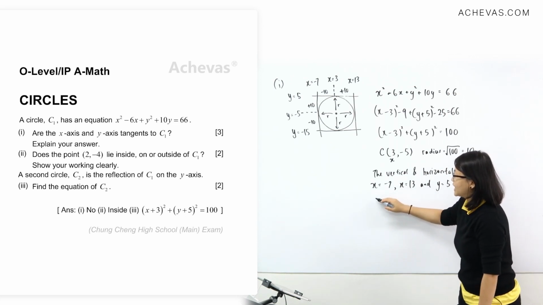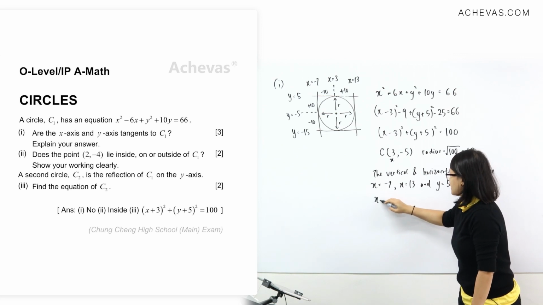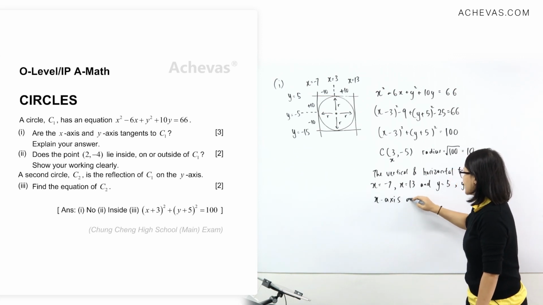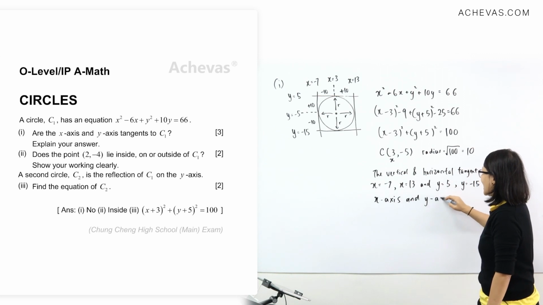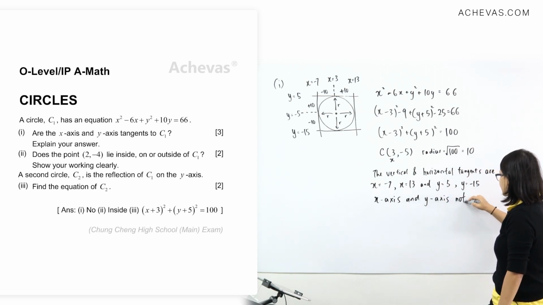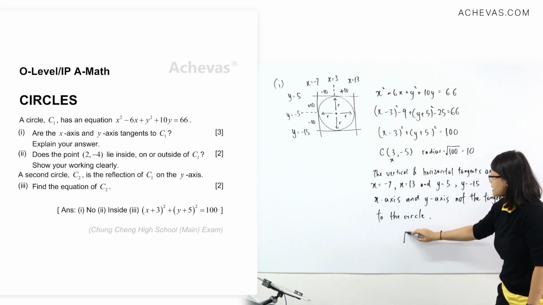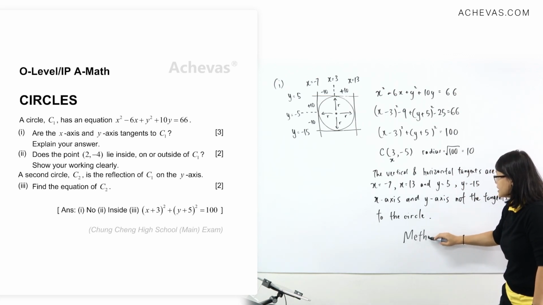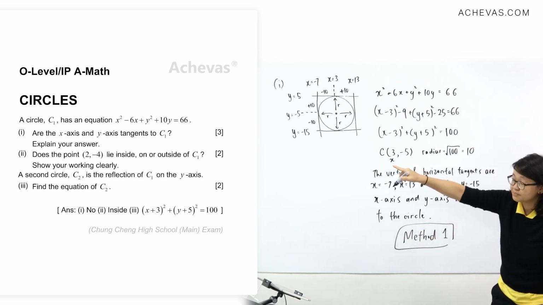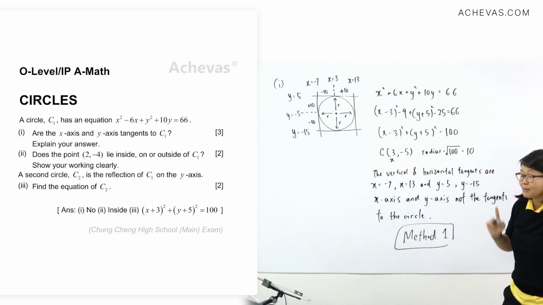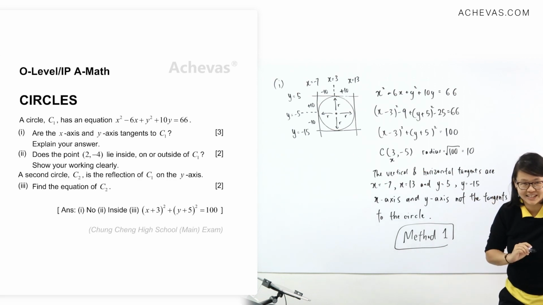So I can conclude that x-axis and y-axis are not the tangents. So this one is the method 1 of answering this question, part 1 of this question. I'm going to erase this and show you another method.